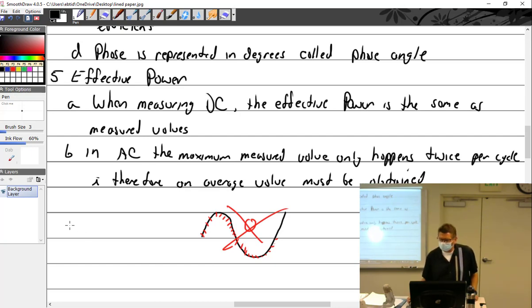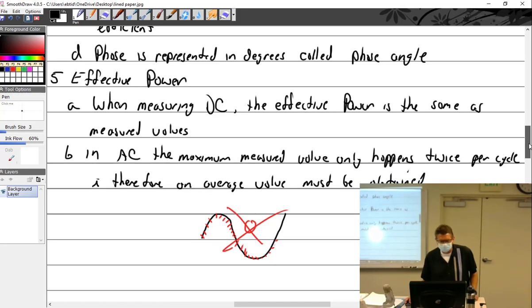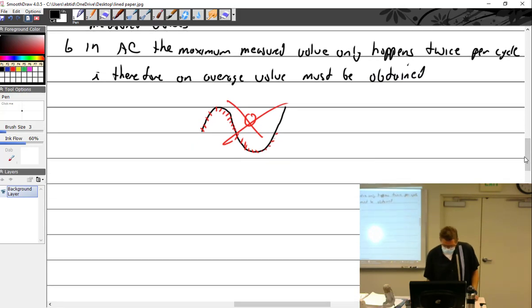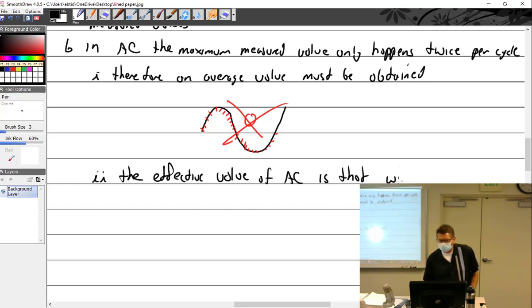What do we do? Well, some guy or gal who was very smart figured out that the effective value of AC is that which produces the same heat value as in DC. Tobias, this is for you today. He was just working on this.